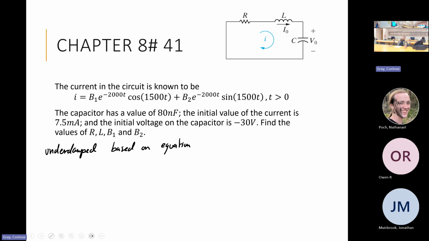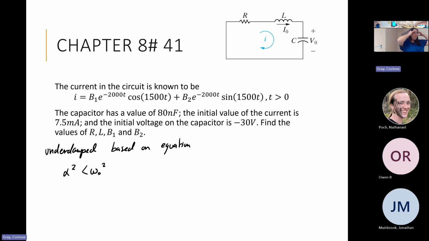Calculate your two frequencies, square them, and see which one is greater. Yep. We could figure out if alpha squared is less than omega naught squared. We technically have that ability. We can talk about it here in a second, but we could prove it if absolutely necessary.